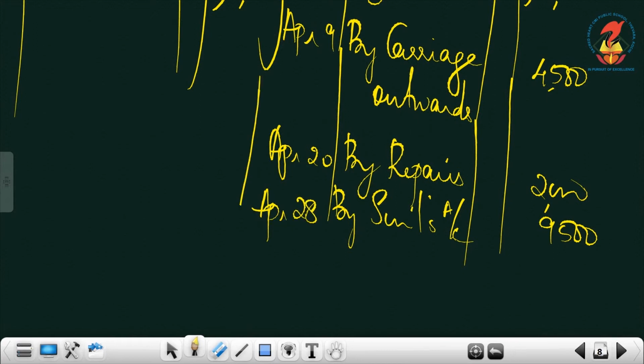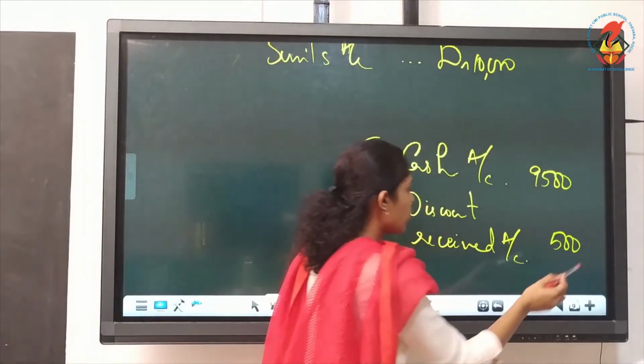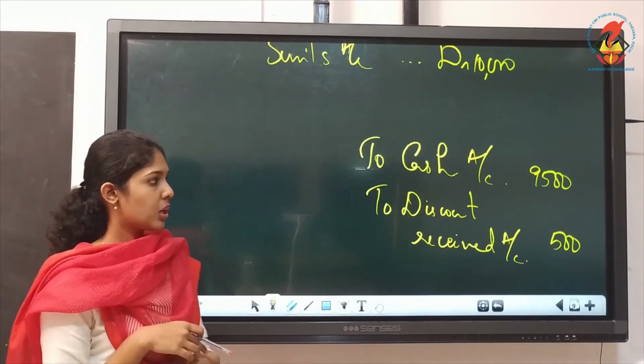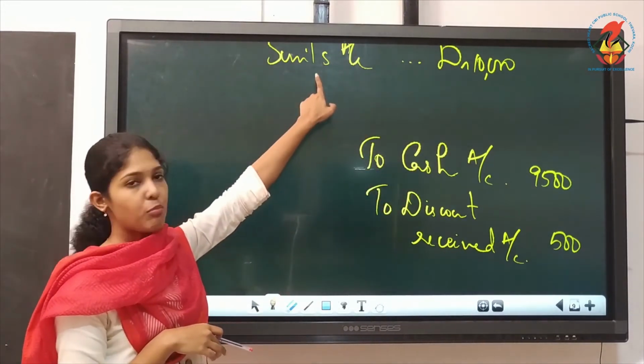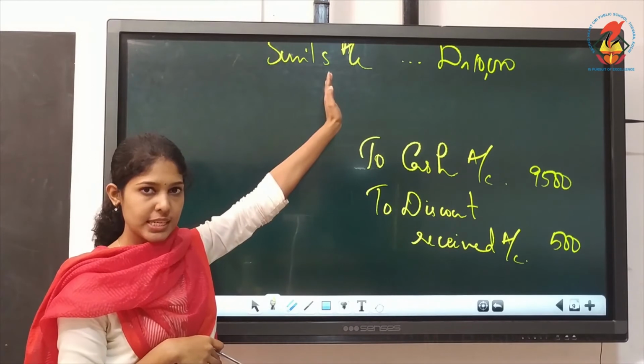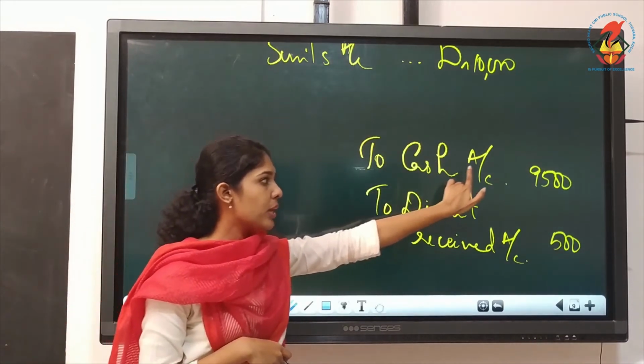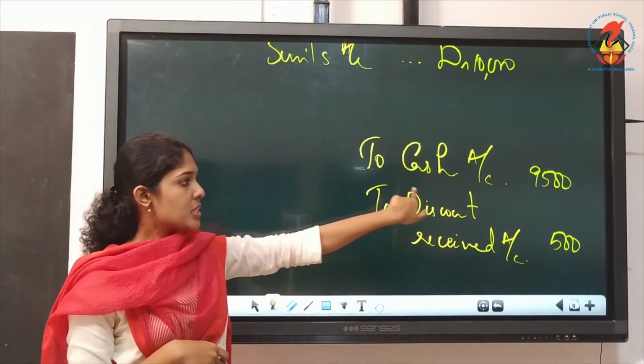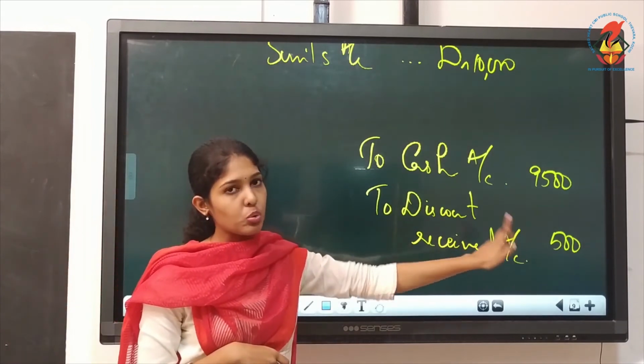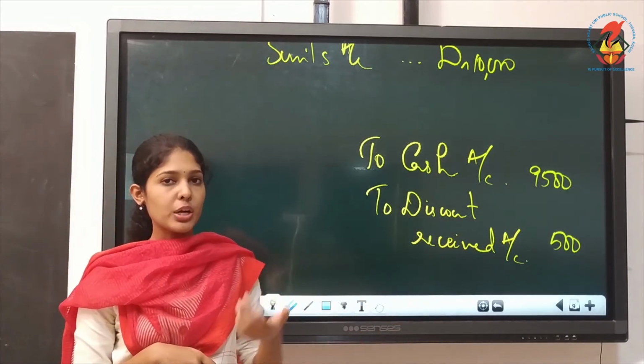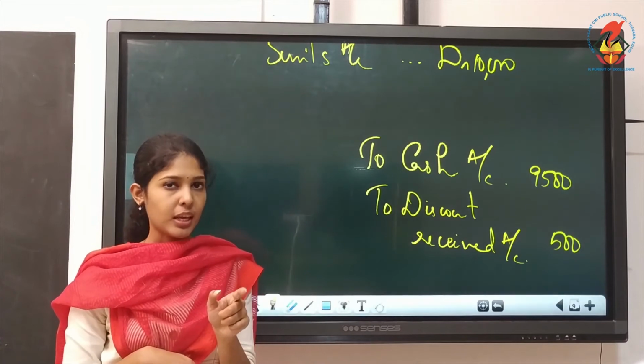Now, should we post discount received here? No, because only the name of the other account which has the opposite aspect will be written, and the amount we wrote for cash. This discount received will go to journal proper. You remember I told you already when we discussed the journal meaning.